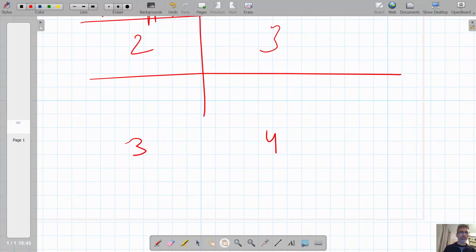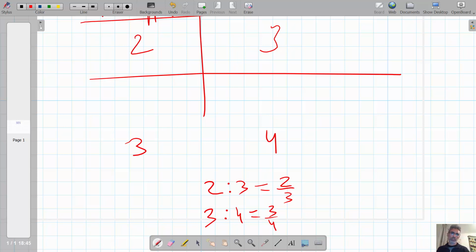So we need to compare 2/3, because 2 to 3 is like 2/3, and 3 to 4 is like 3/4. Which is greater, 2/3 or 3/4?